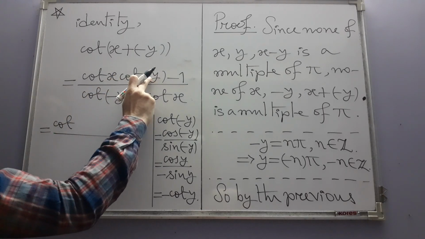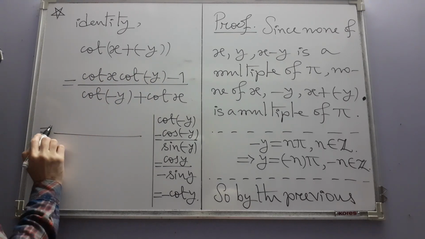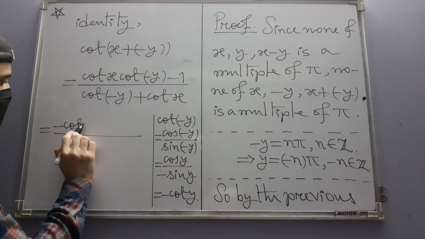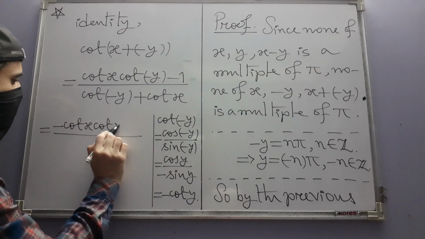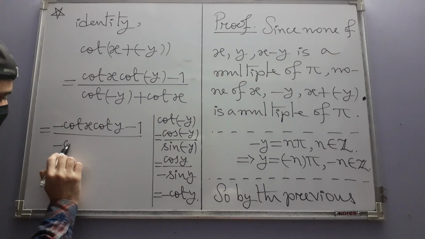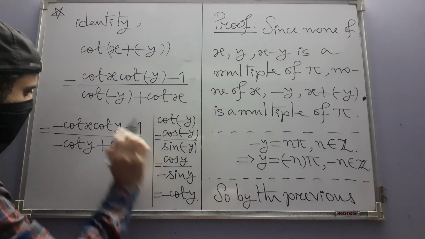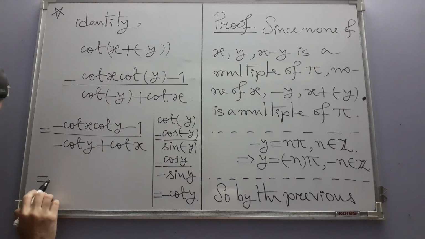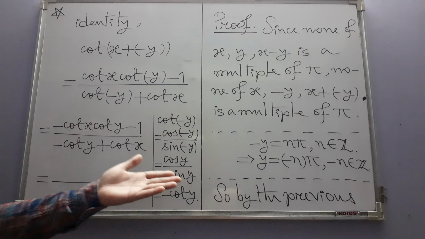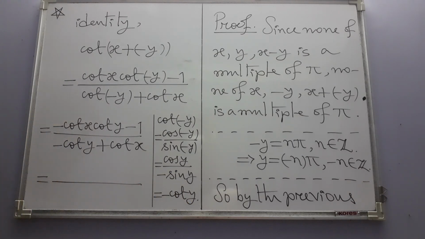So minus will come outside, so we can start by writing minus cot x cot y minus 1, and here we will have minus cot y plus cot x. And now finally, to bring it to the form that was given, you multiply the numerator and denominator by minus 1.